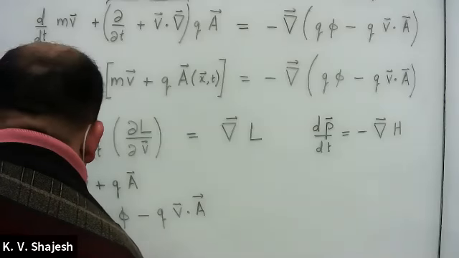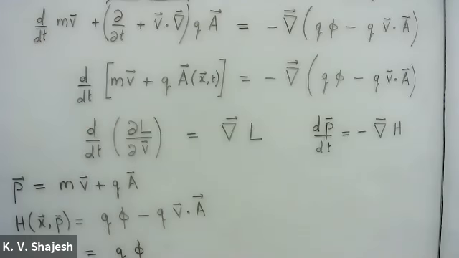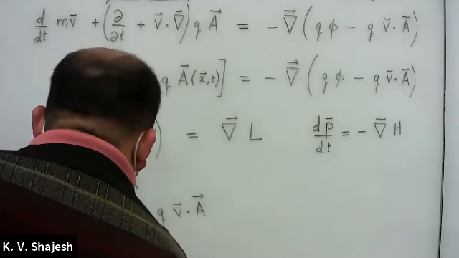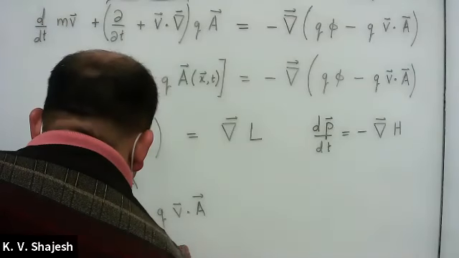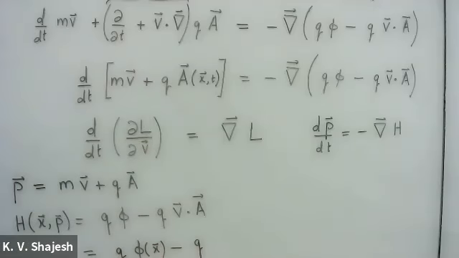So this, you would say, is q times phi. Position dependence is okay, remember, right? A is dependent on x, that's okay. So there is position dependence, minus q. I have to replace the velocity in terms of the momentum and position.